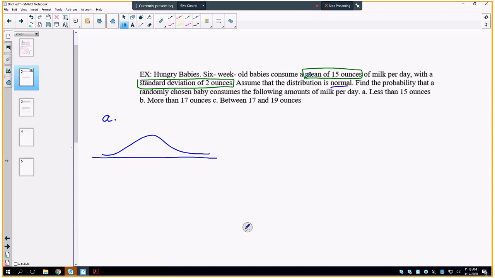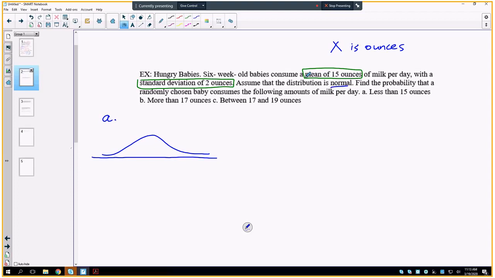I'm looking for less than 15 ounces. So I'm given a number in ounces. The random variable x corresponds to ounces. I want to use the standard normal variable z, which just talks about how many standard deviations away I am.